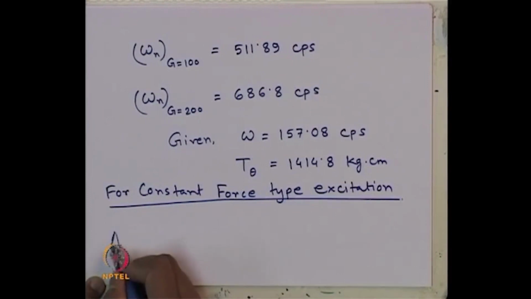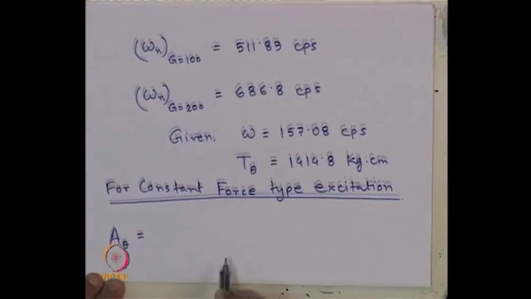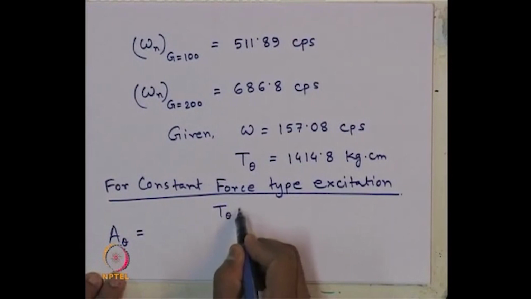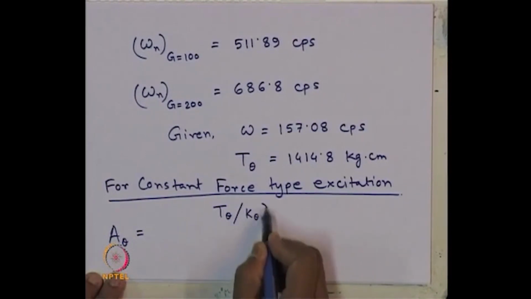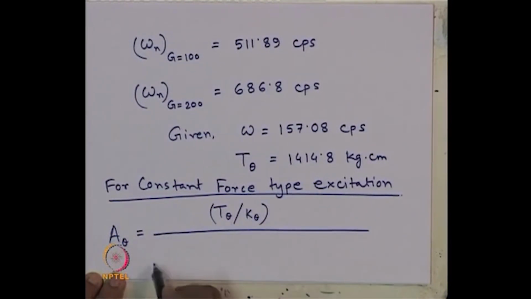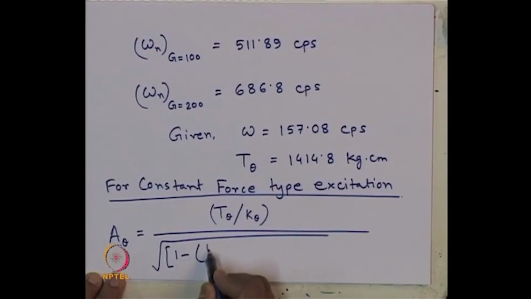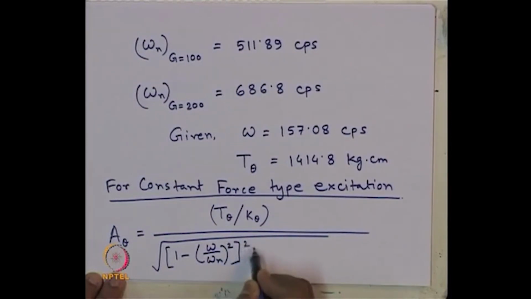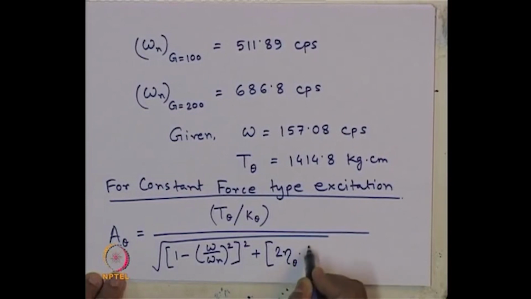the expression to calculate A theta will be T theta by K theta by root over 1 minus omega by omega n whole square plus 2 eta theta omega by omega n whole square. And what should be the unit?